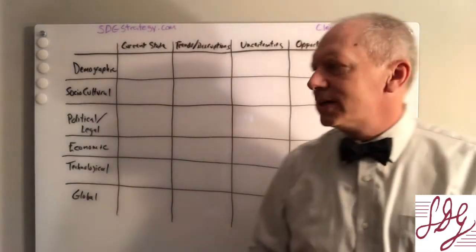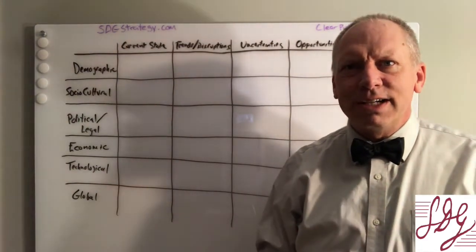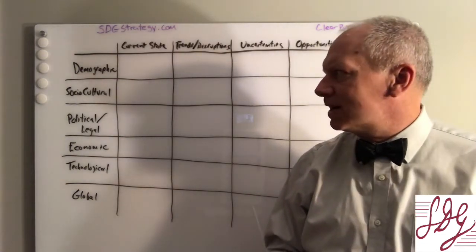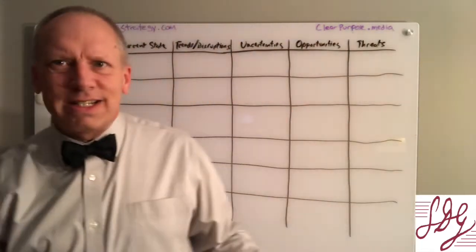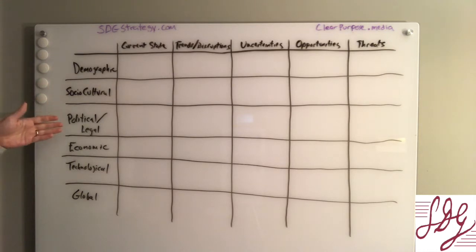But what we have here is 6 different segments, 6 different areas in which things can be changing fairly rapidly. I'm going to move to the other side so the shadow is out of the way. But you have demographic, sociocultural, political and legal, economic, technological, and global. So you need to think through for each of these.